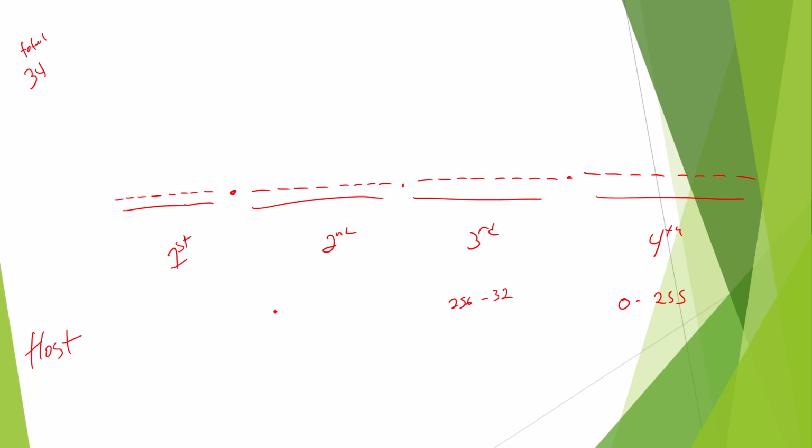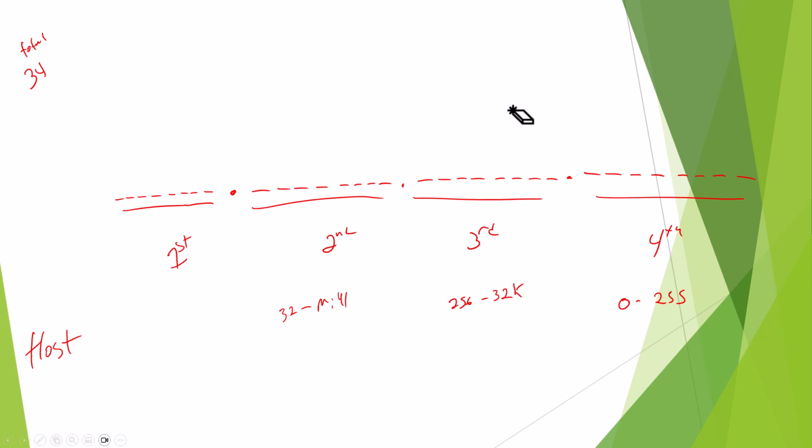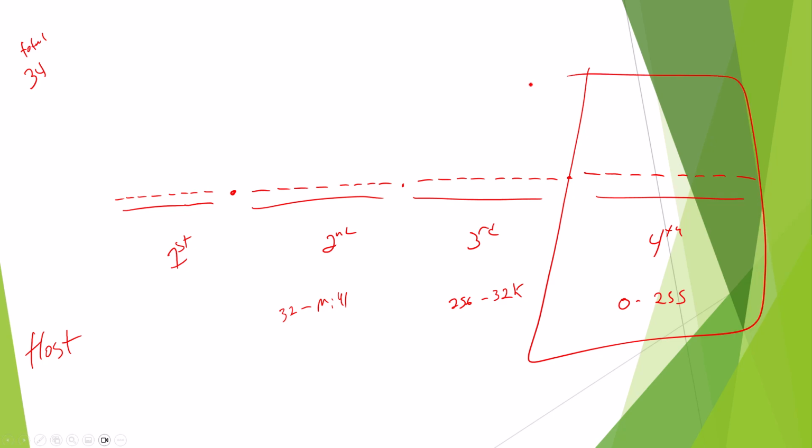This is above 32,000 through a cool mill, it looks like. So in reality, most of what we're going to be doing is in the 3rd and 4th octet. And in reality, for these labs, we are focusing just on the 4th octet.